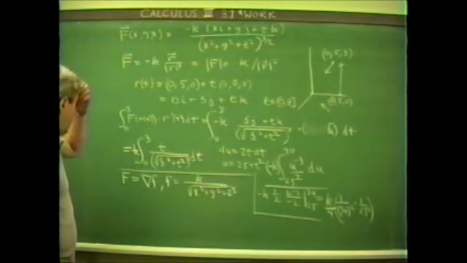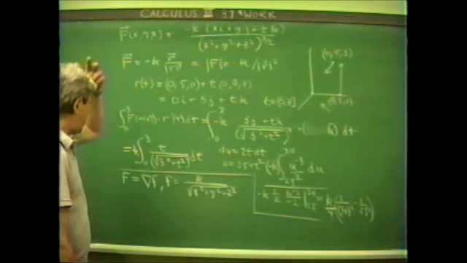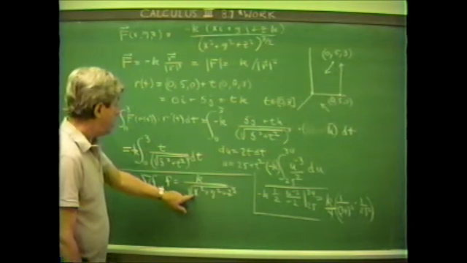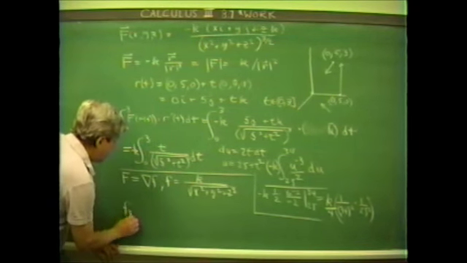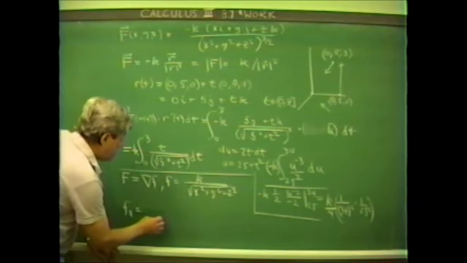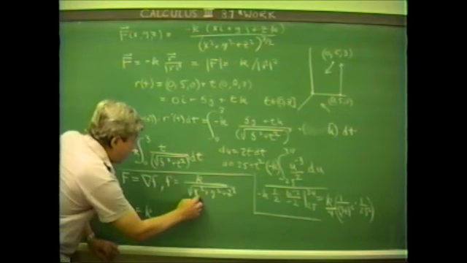One computes easily then the partial of f with respect to x is k times 1/2 this.